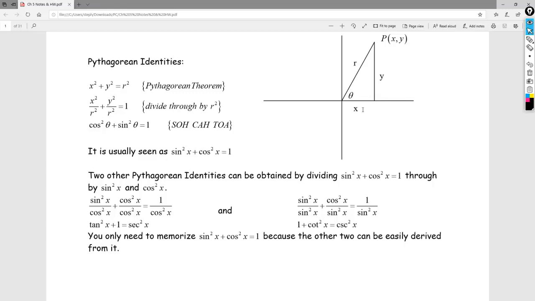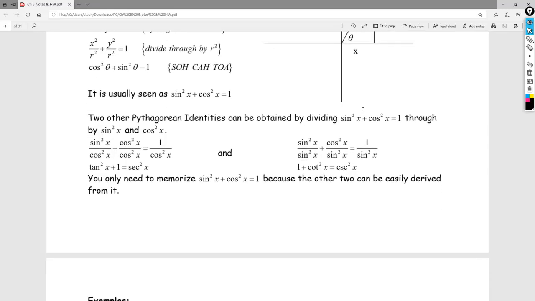So x over r in this case represents adjacent over hypotenuse, where r is my hypotenuse. y is the opposite side of my triangle over hypotenuse, again where r is the hypotenuse of my triangle, and so I just rewrite x over r as cosine and y over r as sine. And these quantities are both still squared, so they retain their squares. This is equal to 1. And so this is where the Pythagorean identity comes from. And typically we'll write this as sine squared of x plus cosine squared of x equals 1.